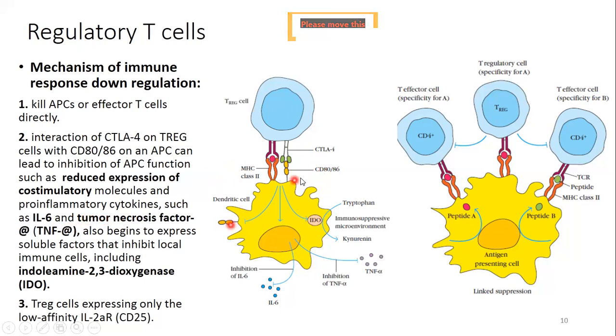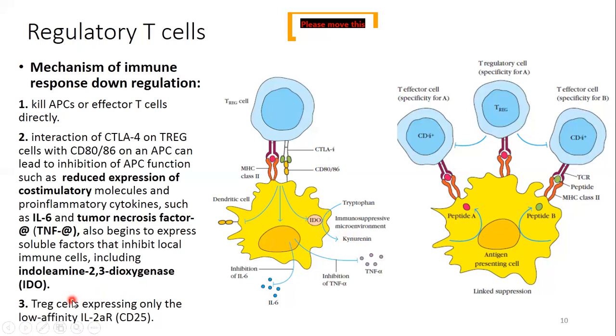Even the antigen-presenting cell itself will produce some inhibitory factors, for example, indoleamine 2,3-dioxygenase. So it produces an immunosuppressive microenvironment.